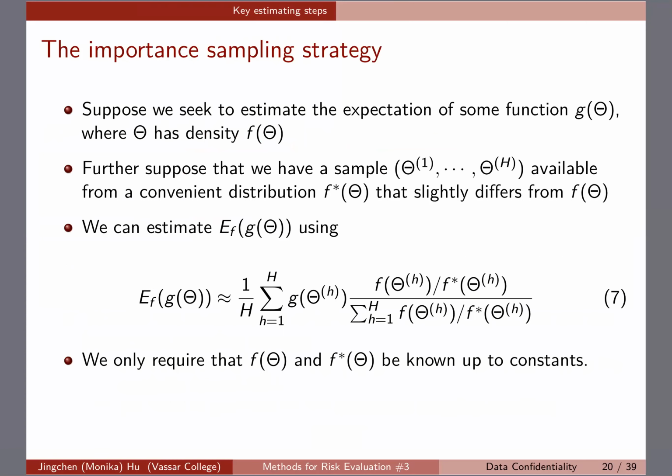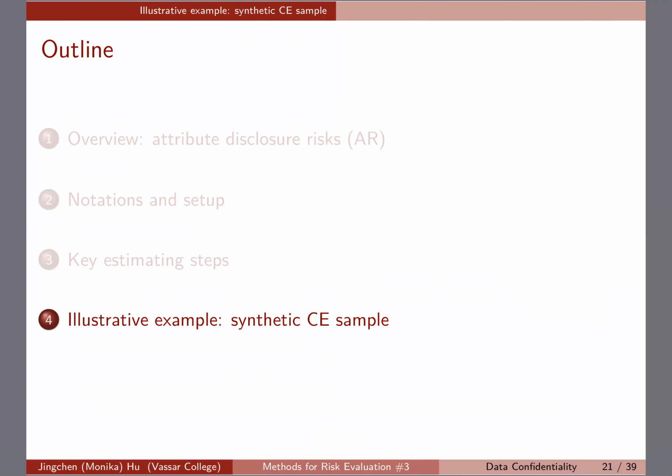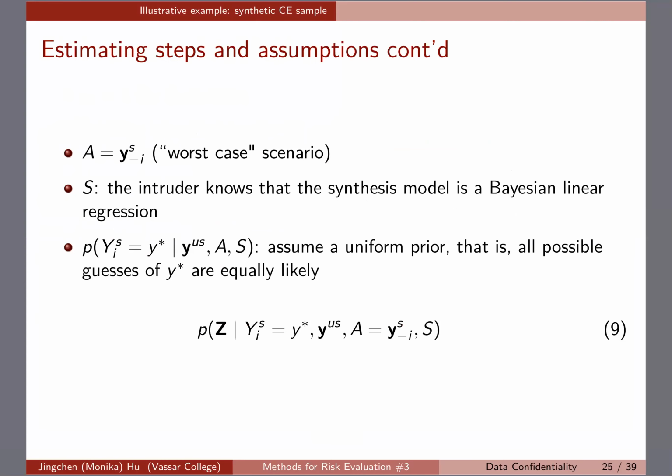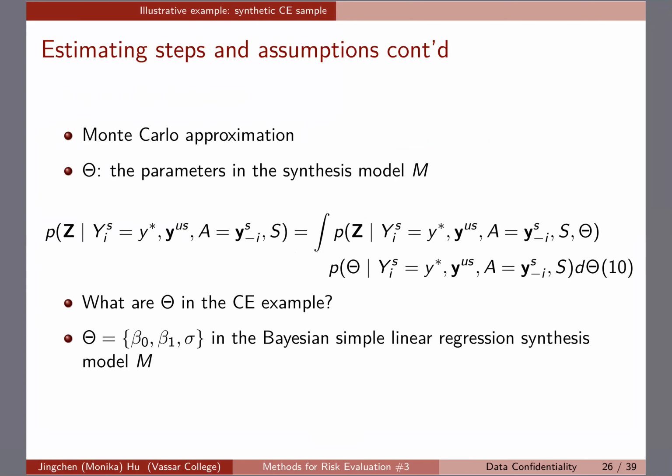I think we talked about this. I think we're on this example, if I remember correctly. Let me start from here. So we're on the CE data set, and we're trying to do an attribute disclosure risk evaluation.